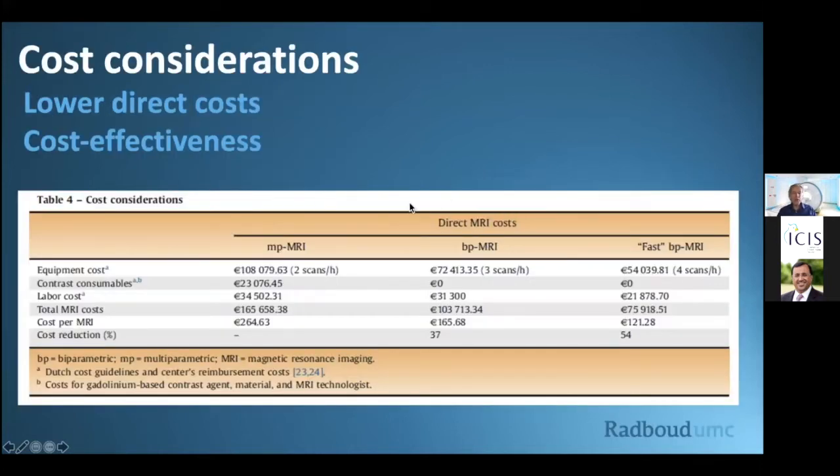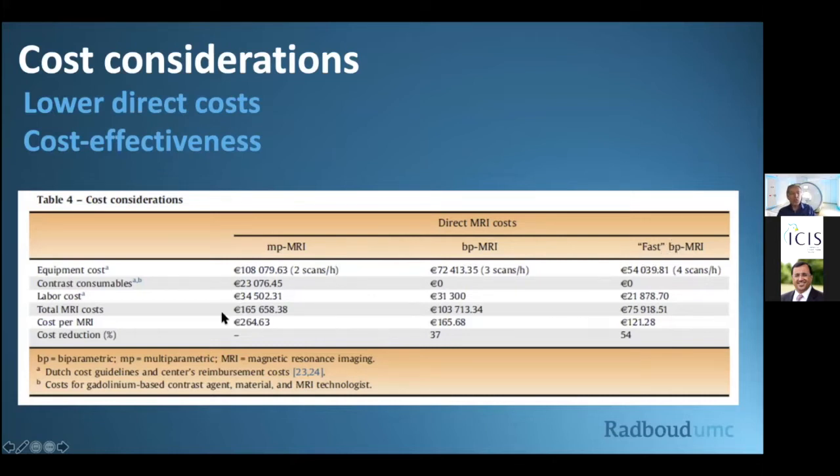If you look at the direct costs, so not the costs that also are incurred with the overdiagnosis reduction, but these are the direct imaging costs of multi-parametric MRI versus 3 planes biparametric MRI versus monoplanar biparametric MRI.